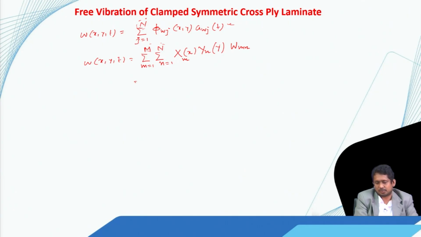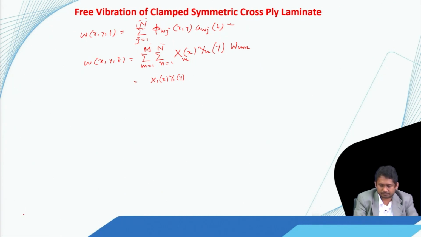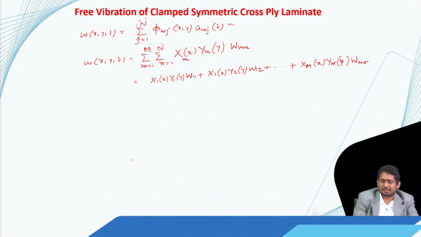So, if I expand it, it would look like X1 as a function of x multiplied by Y1 as a function of y, multiplied by w11, plus X1 as a function of x multiplied by Y2 as a function of y into w12, and it goes on up to Xm as a function of x into Yn as a function of y multiplied by wmn, and also we represent wmn as wmn bar into e to the power i omega t.